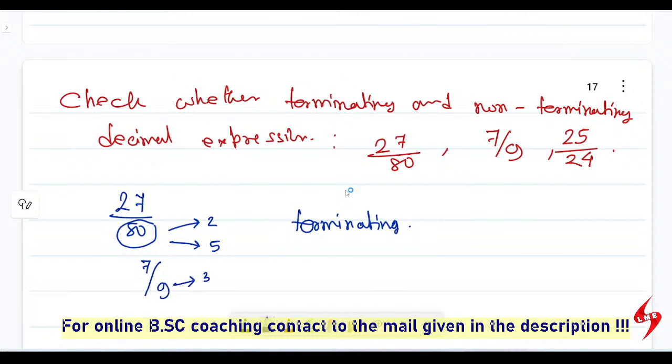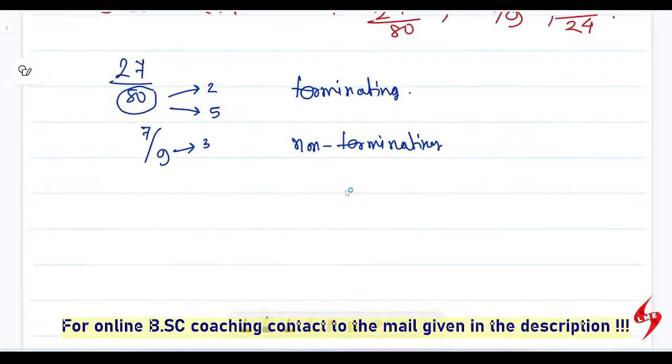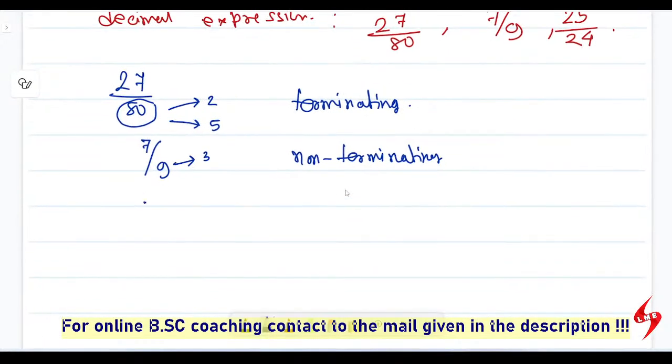Here the prime factor is only 3, so it is non-terminating. Another one is 25 by 24. Here there are two kinds of prime factors, 2 and 3. There is a prime factor other than 2 and 5, that is 3, so this breaks the rule and it will be non-terminating.